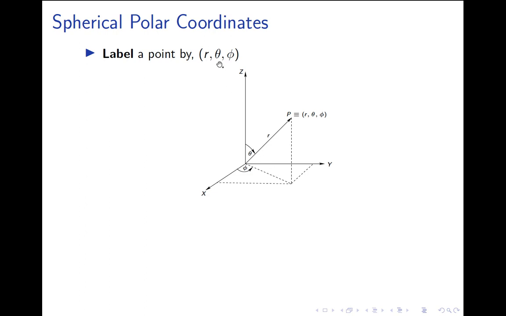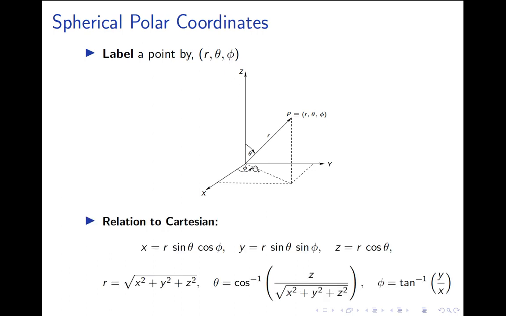That's why it's called the co-latitude. And phi is the azimuth, or the longitude. Okay, phi is the longitude. Again, its relation to Cartesian coordinates can be easily found out from elementary trigonometry. So this is the map, and this is the inverse map. Again, as I said, the inverse map is not always unique.